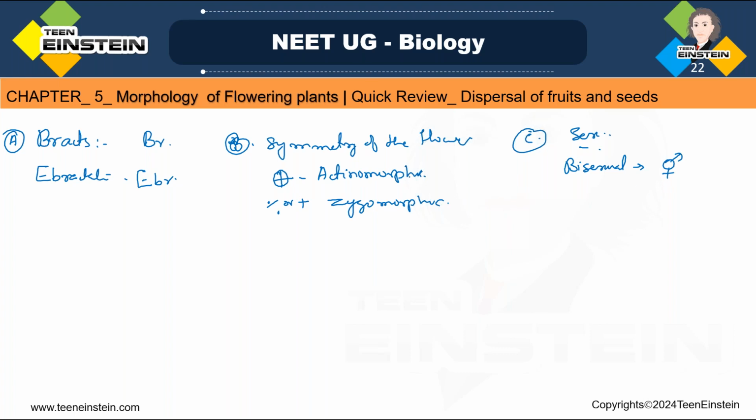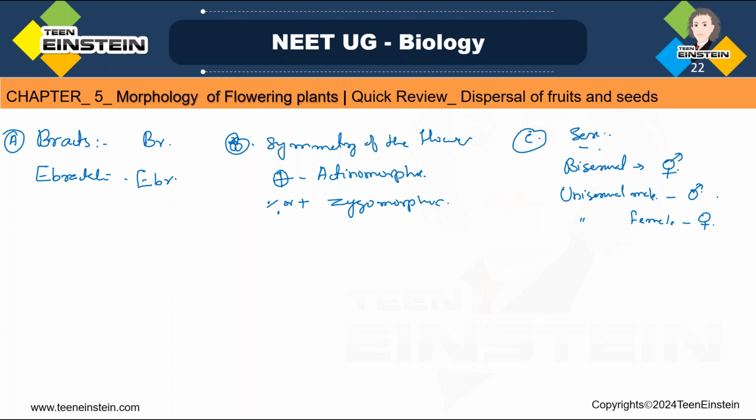And if it is a unisexual flower, a male flower, that we can say is a staminate flower, for that we will give the male symbol. And unisexual female flower means we'll give the female symbol. Staminate means male symbol, and pistillate, which has the pistil, only the female flower, means we'll give the female symbol. Then hermaphrodite, that means both are there, a bisexual flower, we'll give the bisexual symbol.